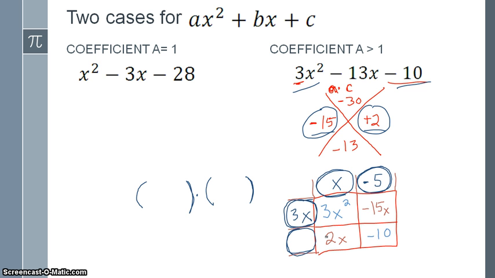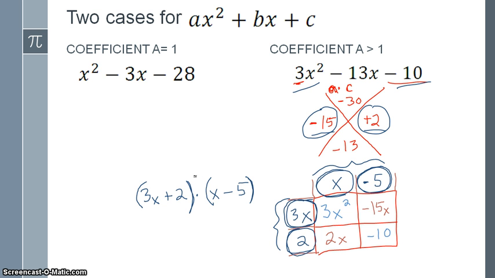And going my last row, I can factor out a 2. Okay, so I just write my factors like this. I can take the first one and say 3x, and that's a positive 2. And my second one, that's an x and a negative 5. So those are my factors.